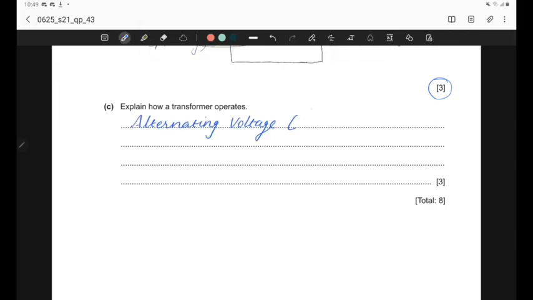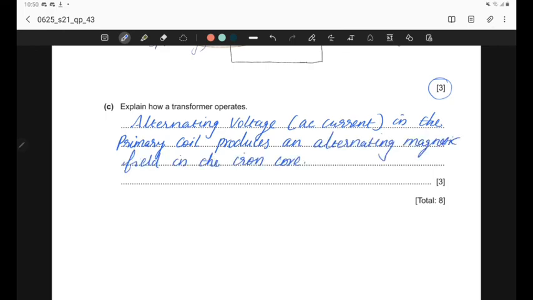So we can write: alternating voltage or AC current in the primary coil produces an alternating magnetic field in the core, which will cause an induced voltage or induced EMF in the secondary coil.